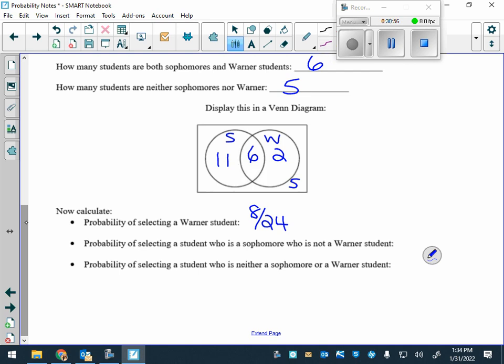Wes? 11 out of 24. Good. Probability of selecting a student who is neither a sophomore or a Warner House student. Assad? Good. Awesome.